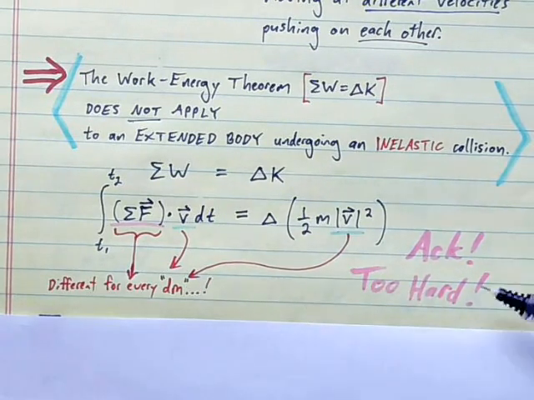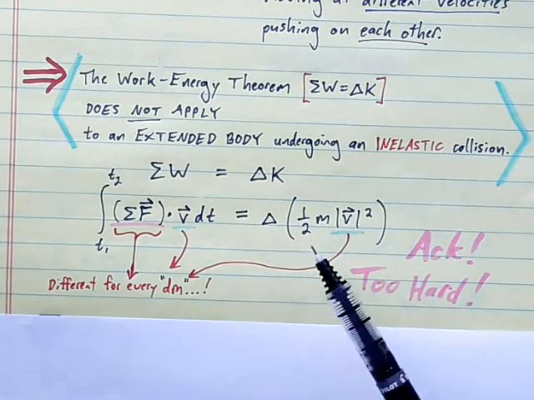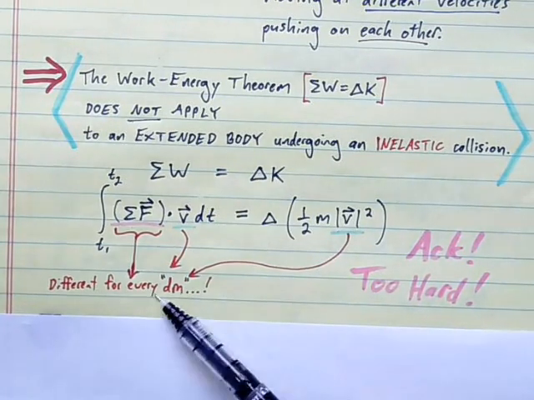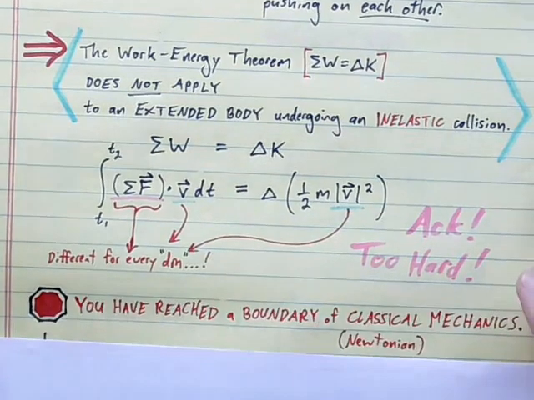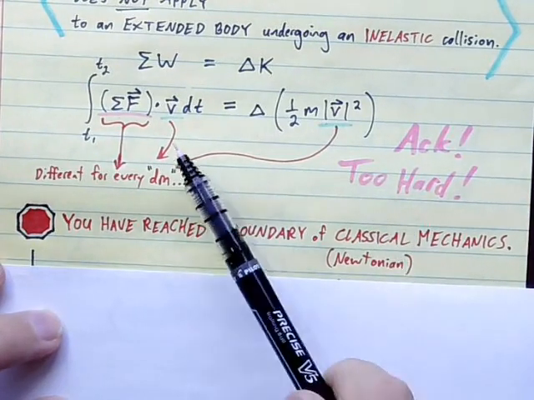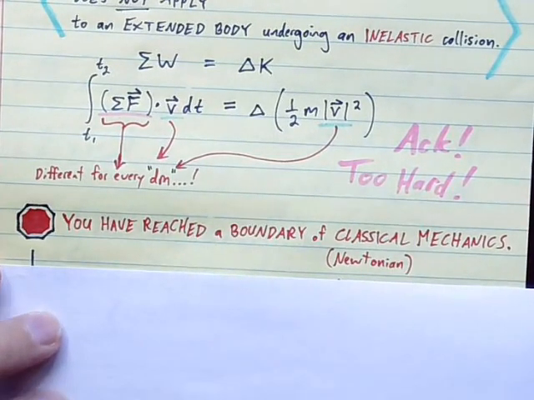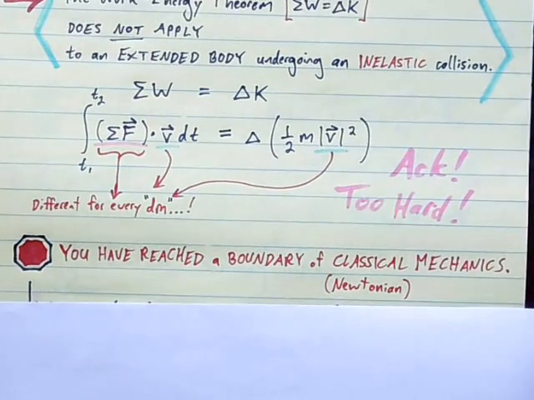It's too hard. Too hard to apply this to an object made up of zillions of little dm's, all with different net forces and different velocities. So we've hit a cliff. We have reached a boundary of classical mechanics here. It is too hard to try to apply our work energy theorem to this extended body undergoing an inelastic collision.